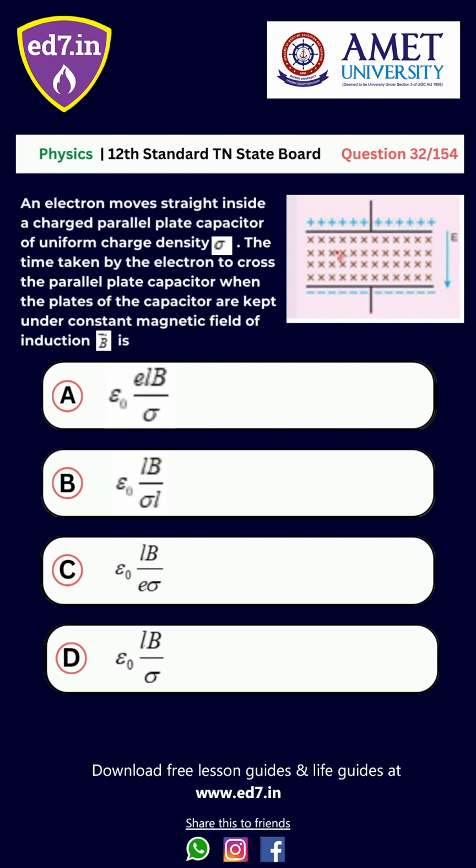The time taken by the electron to cross the parallel plate capacitor undeflected, when the plates of the capacitor are kept under constant magnetic field of induction B vector, is: option A, epsilon naught ELB by sigma; B, epsilon naught LB by sigma L; C, epsilon naught LB by E sigma; D, epsilon naught LB by sigma. The right answer for this question is option D, epsilon naught LB by sigma.